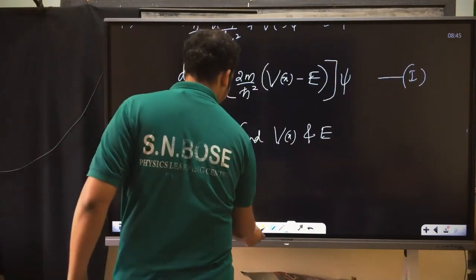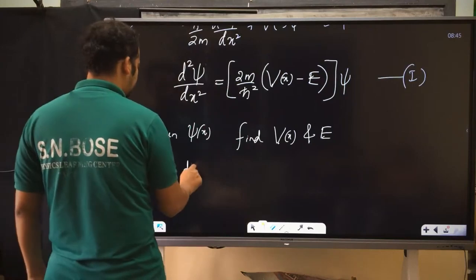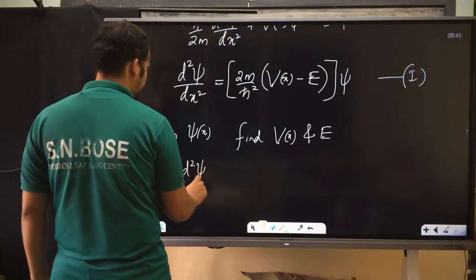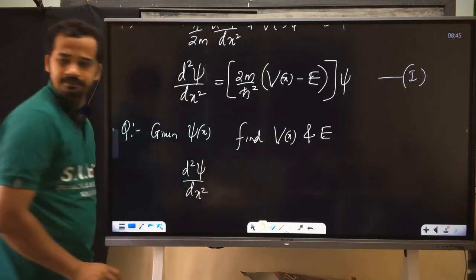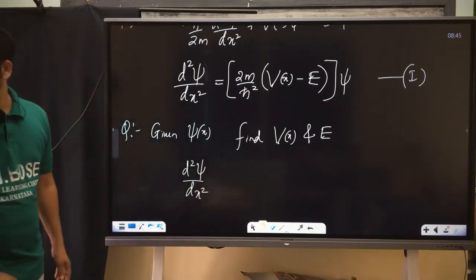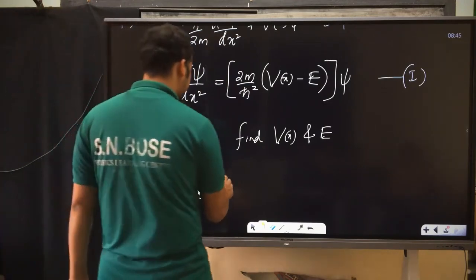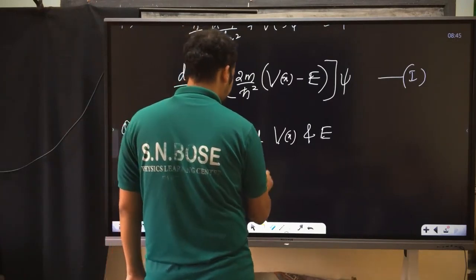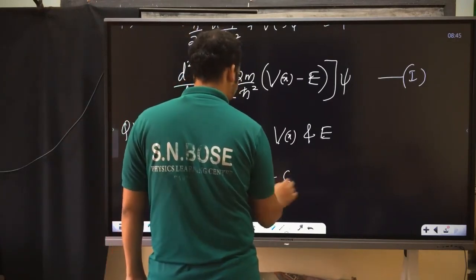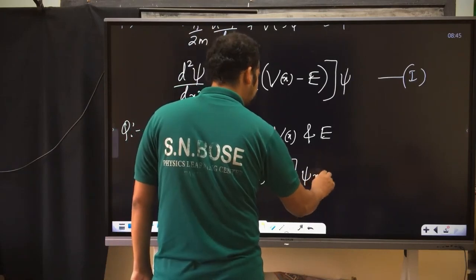You take this wave function, take its second derivative, d squared psi by dx squared. That second derivative can be written like this: some function of x plus some constant into again the wave function.